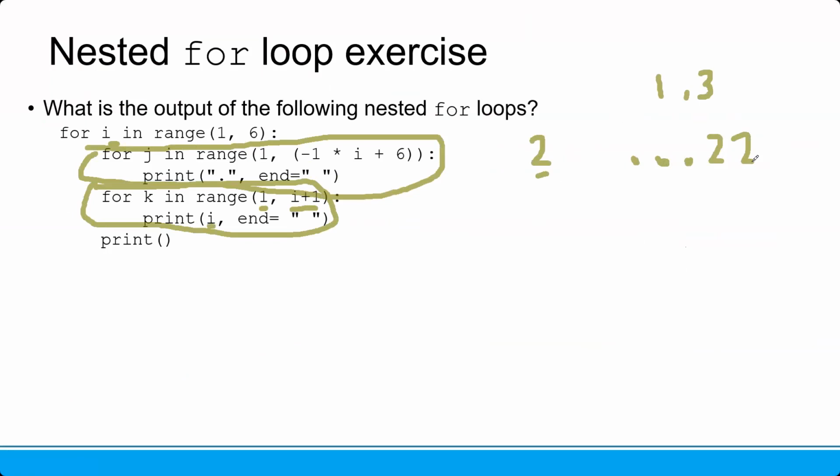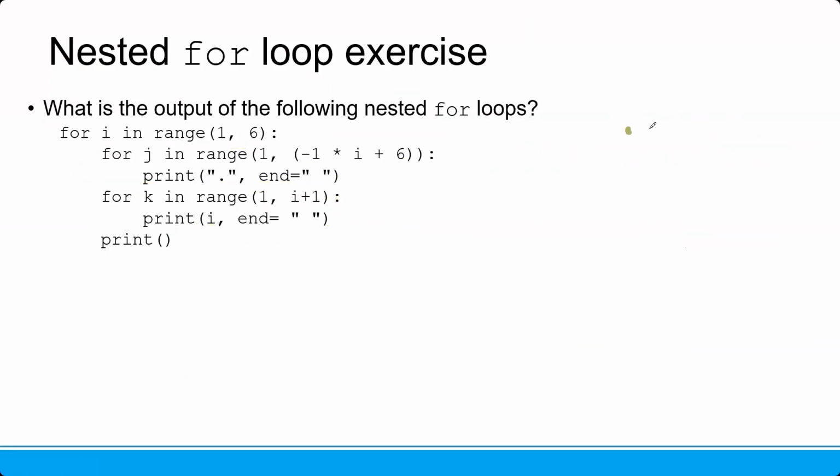Then I guess the result will be something like this. Dot, dot, dot, dot. If it is in the first line, I will print 1. If it is in the second line, I will print 2 numbers. If it is in the third line, I will print 3 numbers.